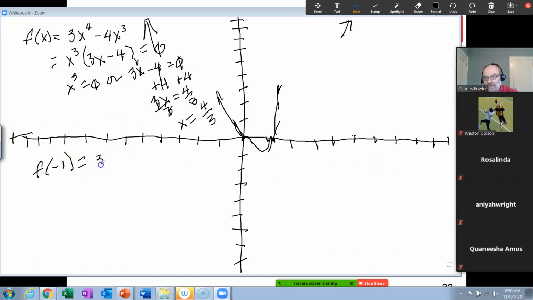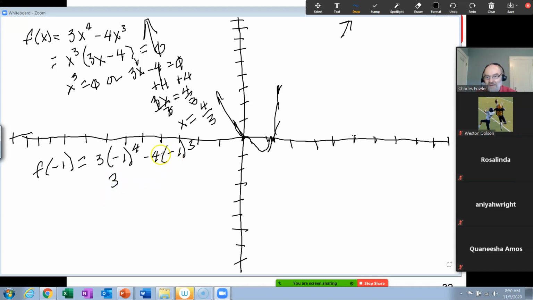That would be 3 times -1 to the 4th power minus 4 times -1 to the 3rd power. Well, -1 to the 4th power is 1: -1 times -1 is +1, times another -1 is -1, times another -1 is +1 again. So this will be a 3.